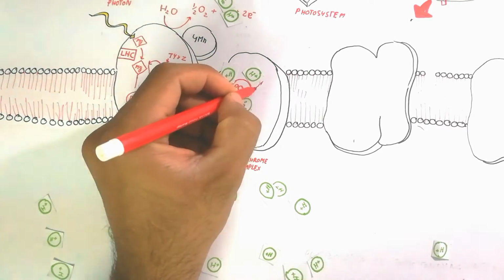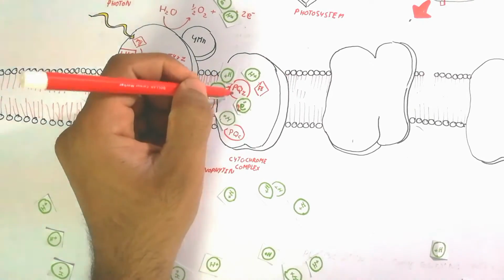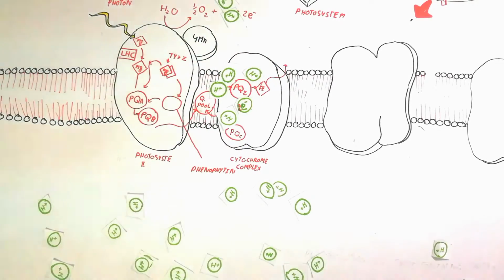Plastoquinone C will pump out the 4 protons at the same time, and that goes into the heme group.